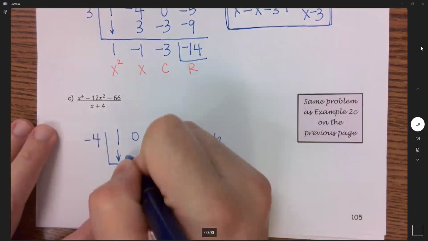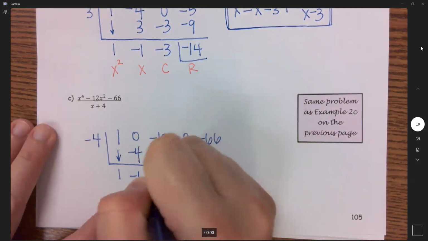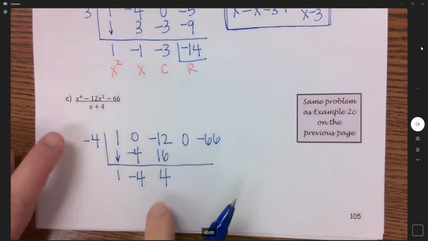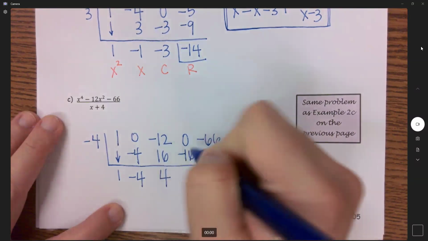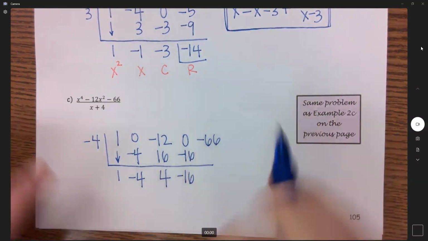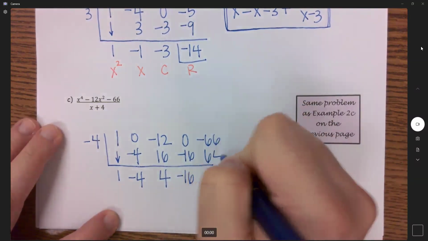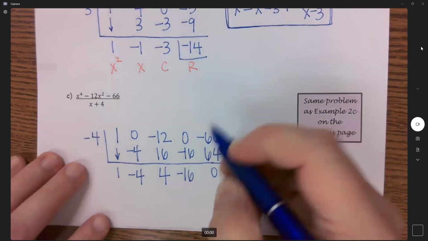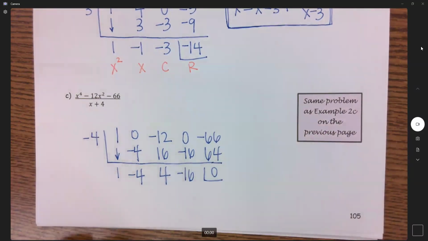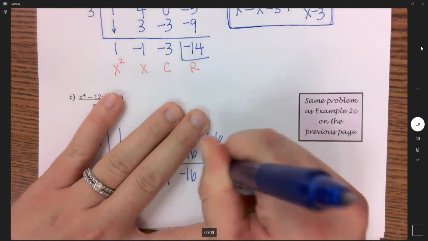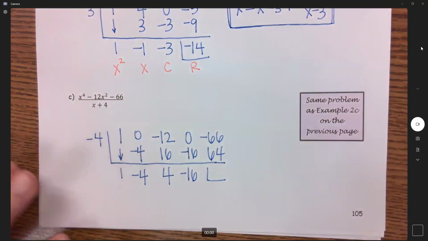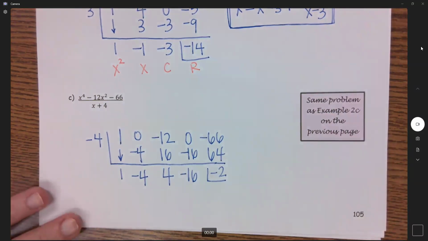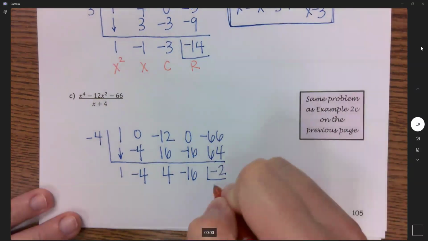So multiply, add, multiply, add, multiply, add, multiply, add. Okay, this last one here is your remainder.